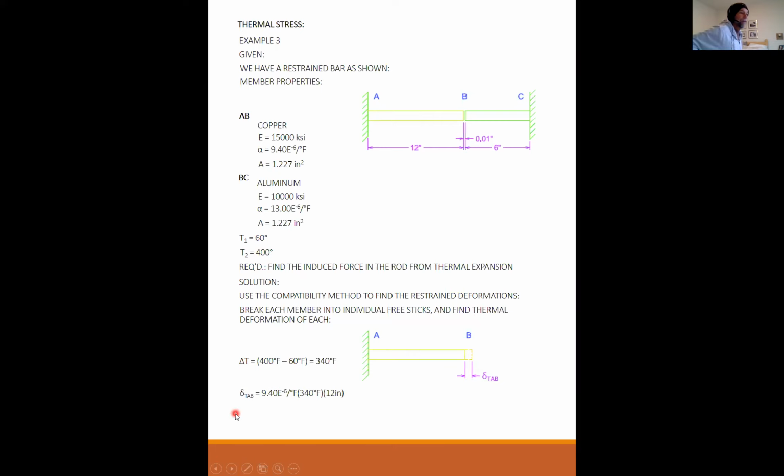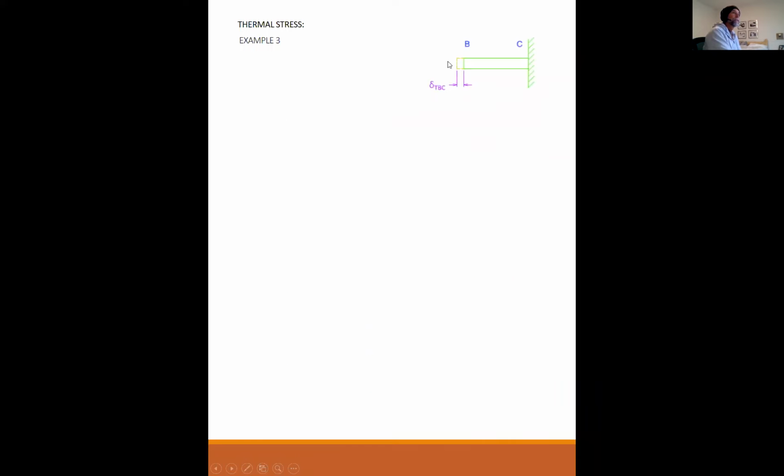So delta T_AB is alpha times delta T times L, which gives me 0.0384 inches. For B to C, my expansion, alpha times delta T times L, is 0.0265 inches.